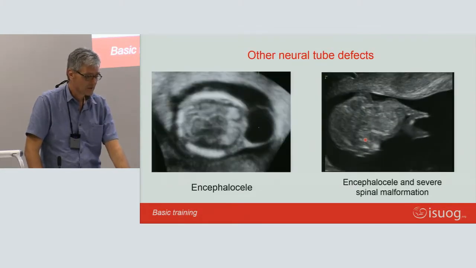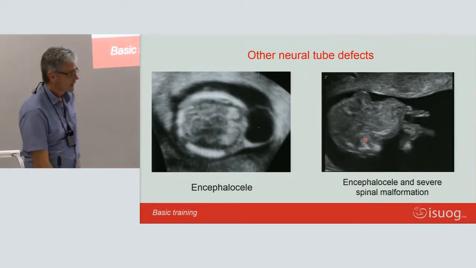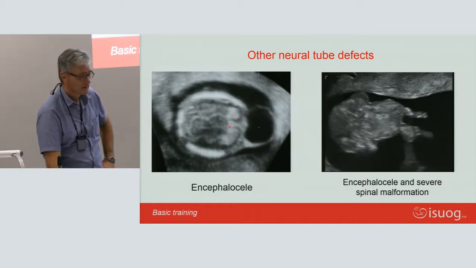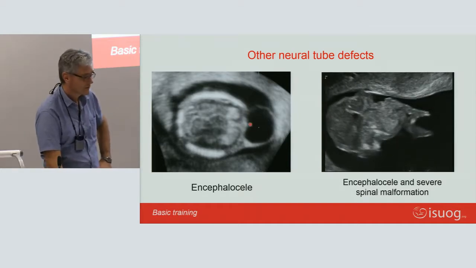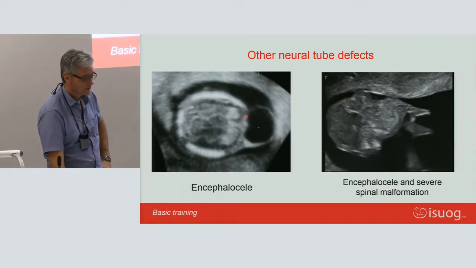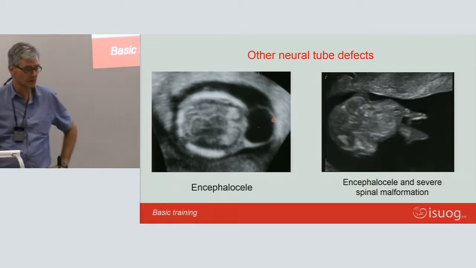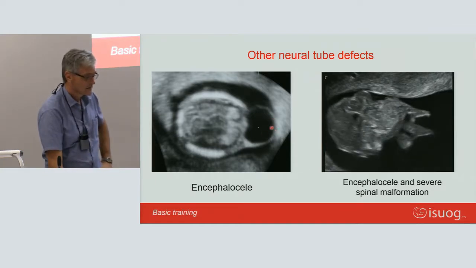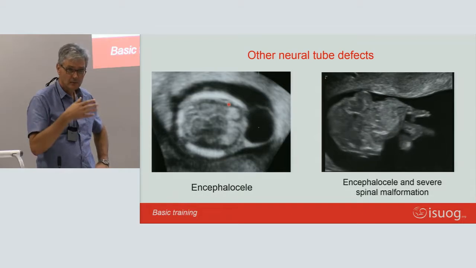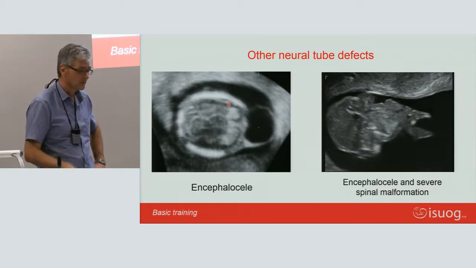Right, some other neural tube defects. Encephalocele, and that's the one that you really shouldn't miss. And you can see if you're in a hurry and the baby's lying with the head right back up against the wall, this encephalocele might be compressed and you might not see it. So allow the baby a bit of time to move around.